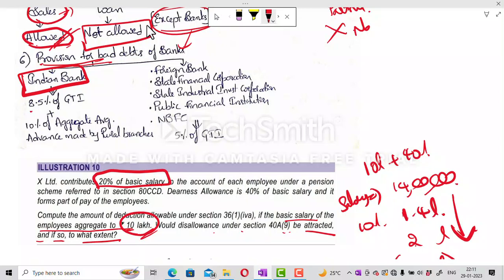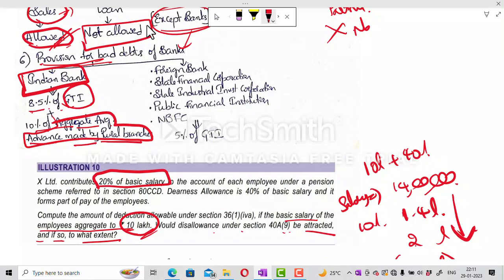Remember these rates. For an Indian bank, 8.5% of gross total income plus 10% of aggregate average advances made by rural branches. Okay, this will be given in the question itself, everything. Just remember the rates: 8.5% of gross total income and 10% of advances made by rural branches.